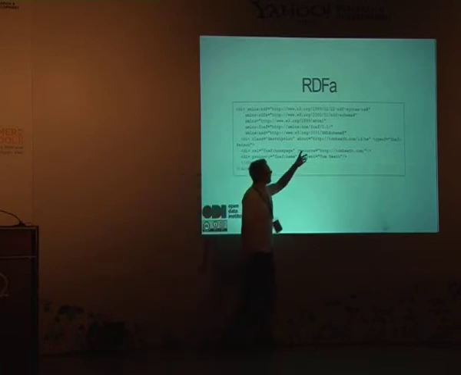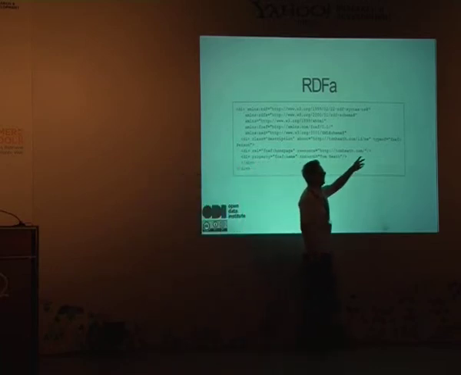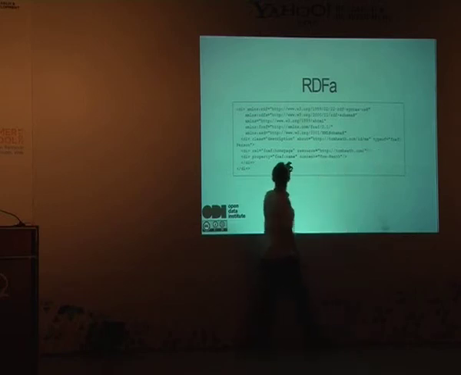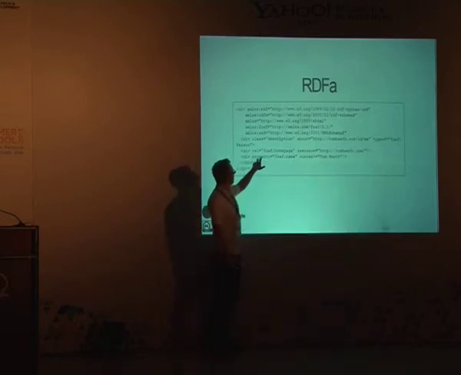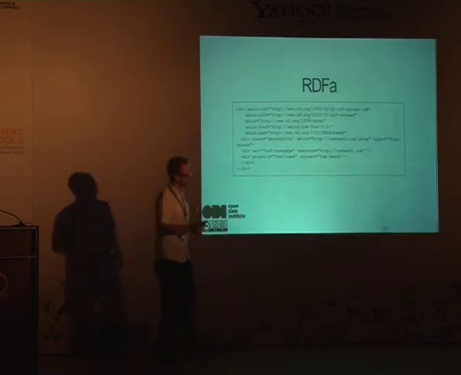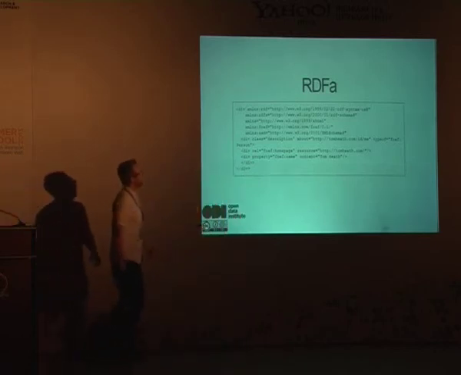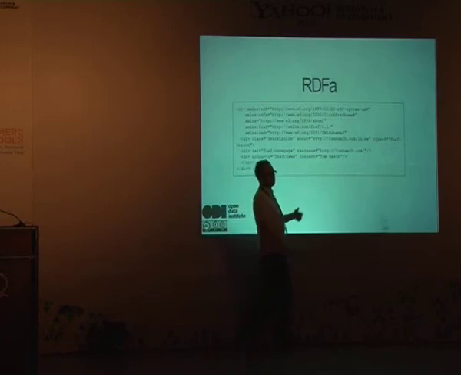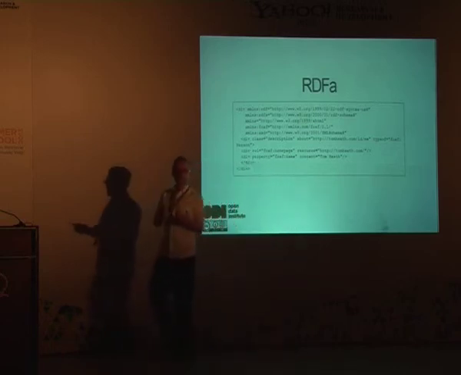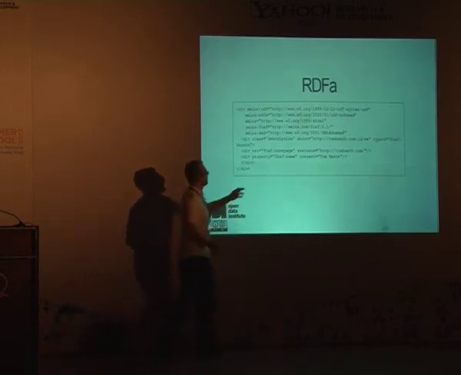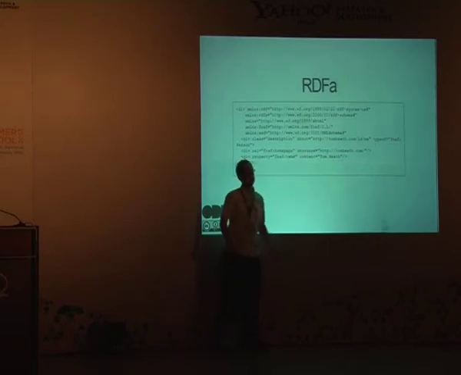So there's the about attribute, typeof, rel, and property here. So this distinguishes between literals and resources. And typeof gives an indication of the class of the thing that's being described, which is identified by the about statement here.